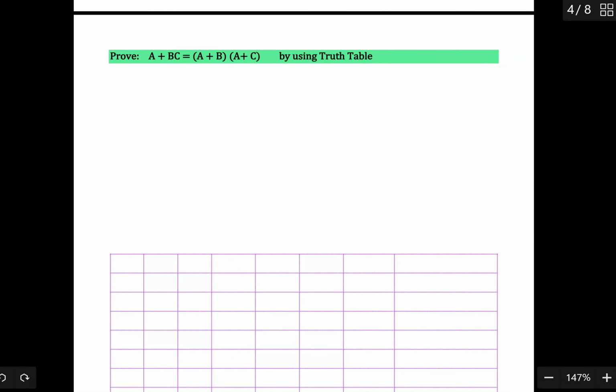So what I'm asking everyone to take a look at is I'm going to prove this again, but this time I will use a truth table. Alright, so using a truth table, there are certain steps that we have to follow, and I would like to ask everyone to analyze a few things in this case.